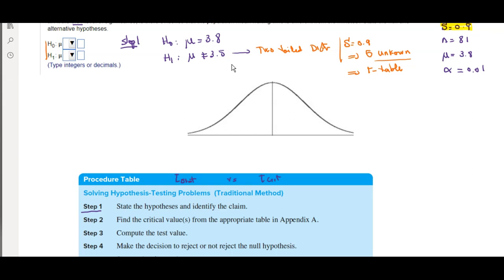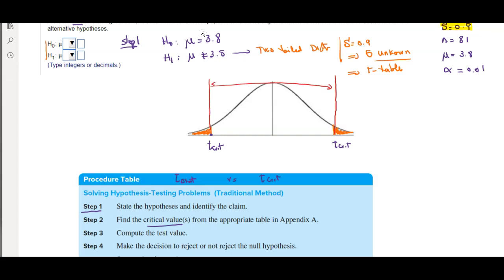Now step 2, which is the critical value. The critical value always comes from the alpha. We have the alpha and we know it's two tails, so this is half of the alpha here, and the other half can be right here. The value that you get here is the T critical, basically the cutoff, so that's where we stop.